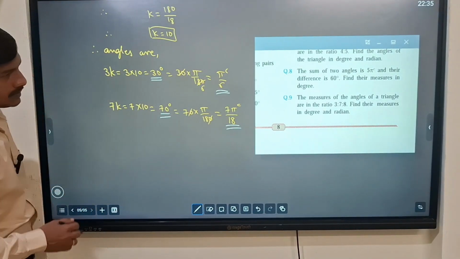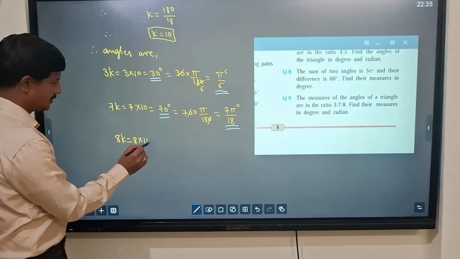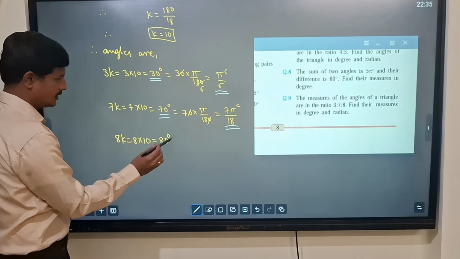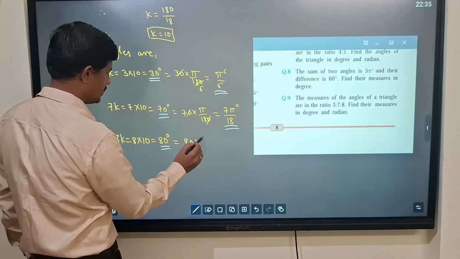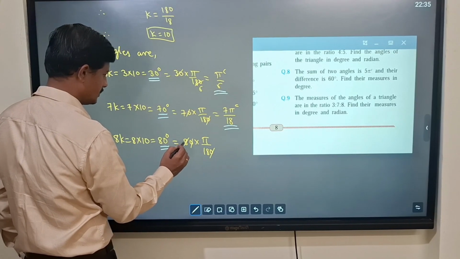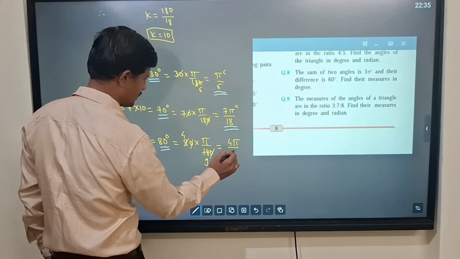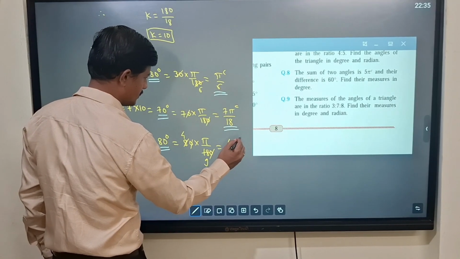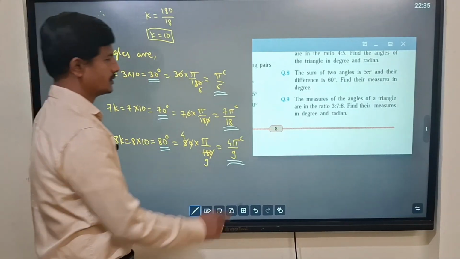Now 8K equal to 8 into 10 equal to 80 degree. That is equal to 80 into pi by 180, 0 cancel. 2 4s are 8, 2 9s are 18. So this becomes 4 pi by 9 radian. Okay. Now next question.